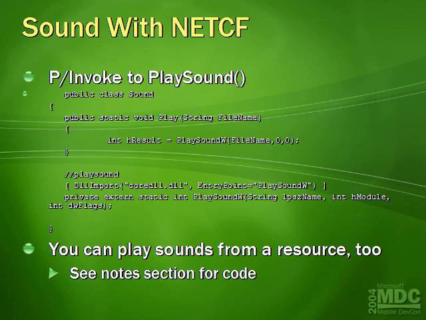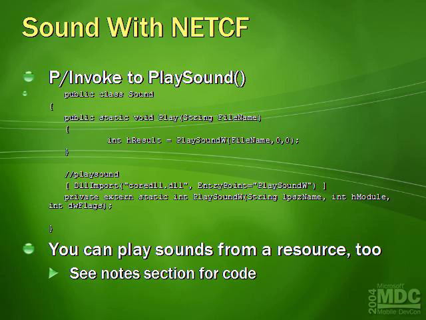Sound with NetCF. As I said, this is the weak point of the whole story at the moment. The easiest way, and even Pocketjong, board games, and puzzle games have no problems with that: you can use the PlaySound APIs that are on Pocket PC and Smartphone. It's very simple to write a little wrapper class that calls into that. So this is all you have to do to get a managed version of a PlaySound function that Microsoft hasn't done yet in version 1 of NetCF.